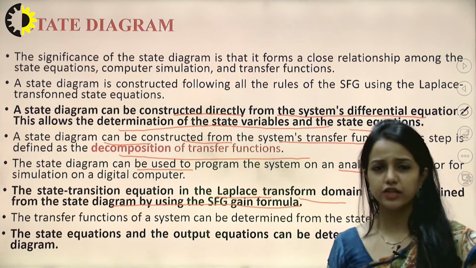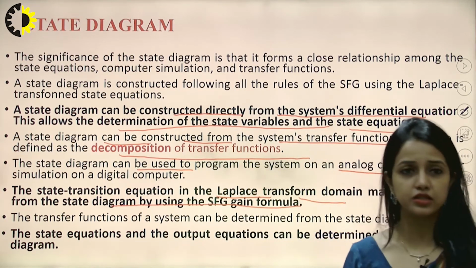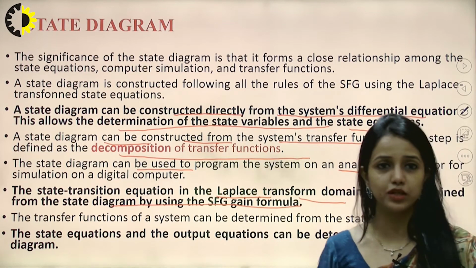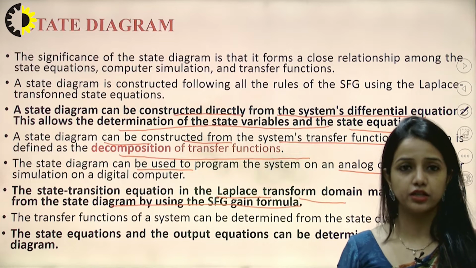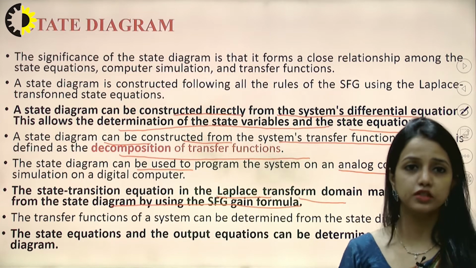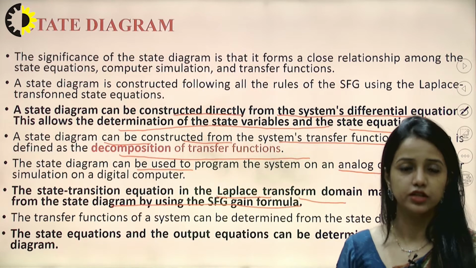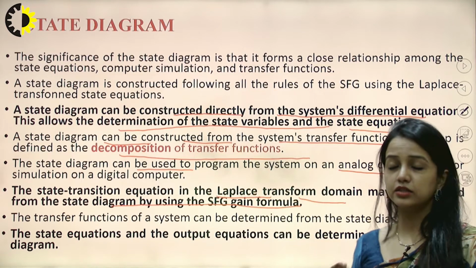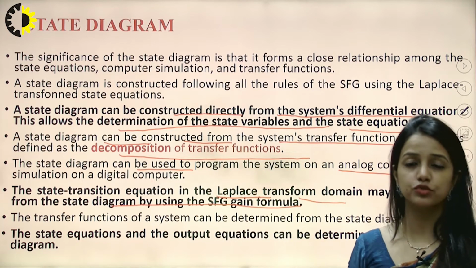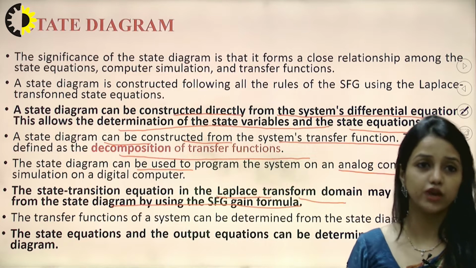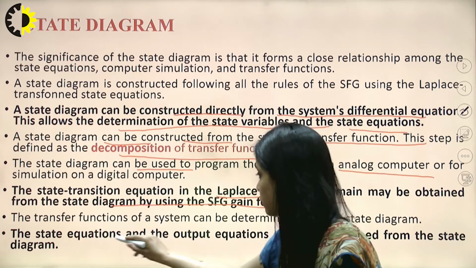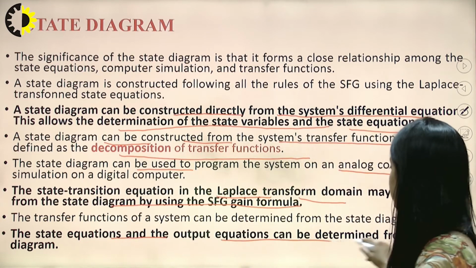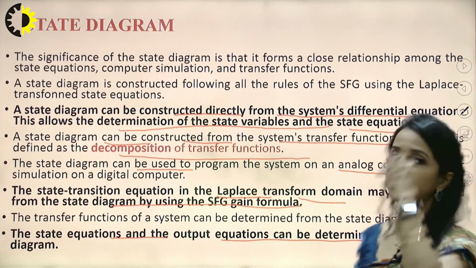So we have a number of possibilities available to study the state transition equation. The signal flow graph, that is SFG, and the SFG gain formula help us to find the transfer function. The state equation and the output equation can be determined from the state diagram itself.